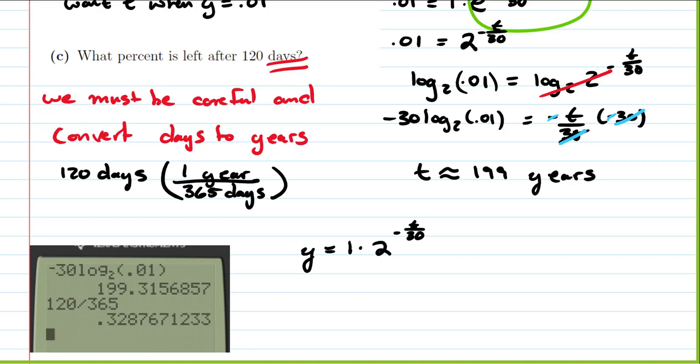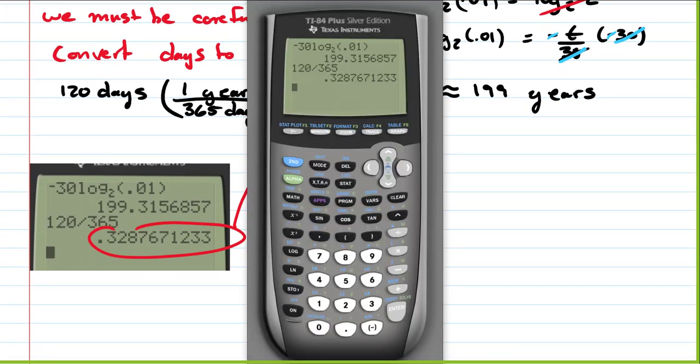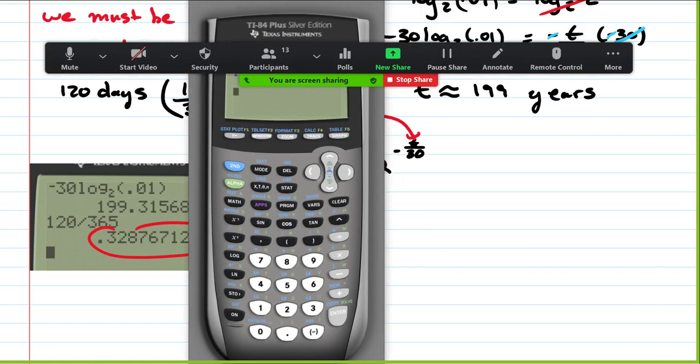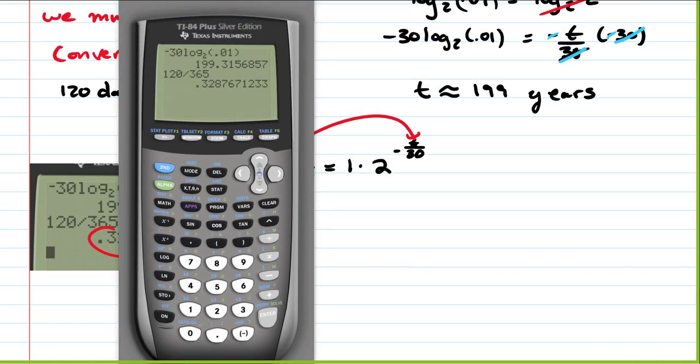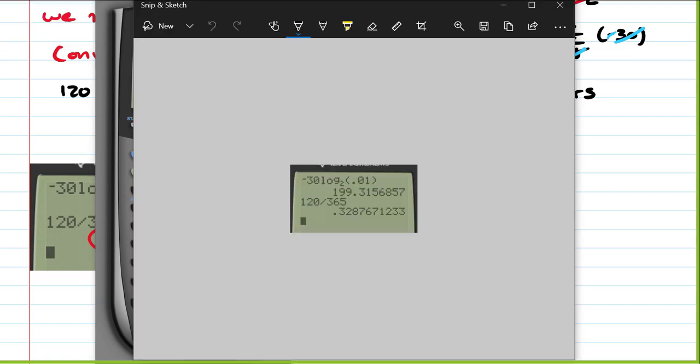So now we just need to put this value in for t. So we do that on our calculator. So 2 raised to the negative. And if we want the answer from the previous line, we get that by pressing second and our negative key down here at the bottom. So this guy. And then we divide it by 30. And we get 99.24.